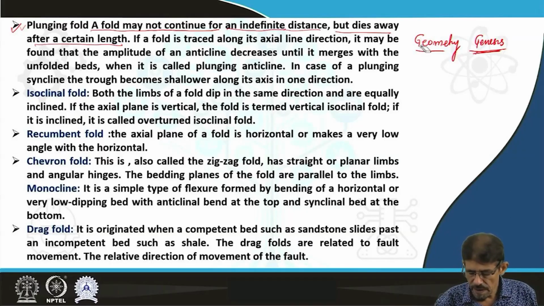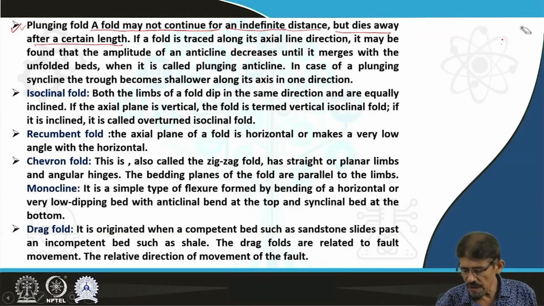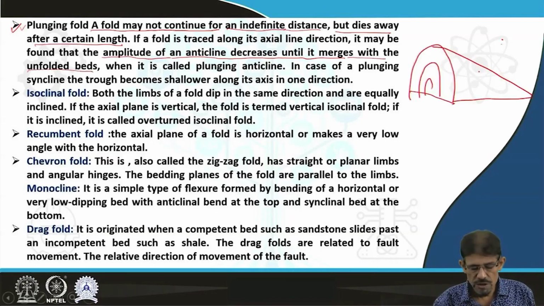If the fold is traced along the axial line direction, the amplitude of an anticline decreases until it merges with the unfolded bed, like this. This is a plunging fold. Here this line is representing the plunge, and this is the plunge angle.